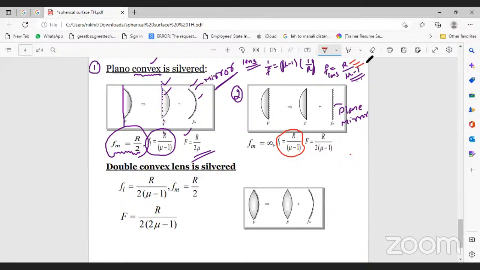Now, what is the focal length of this plane mirror? For a plane mirror, there will be no focal length; the focal length will be infinity.